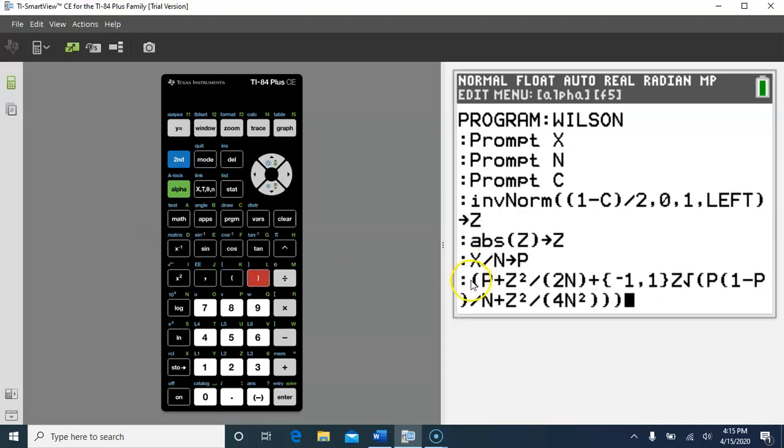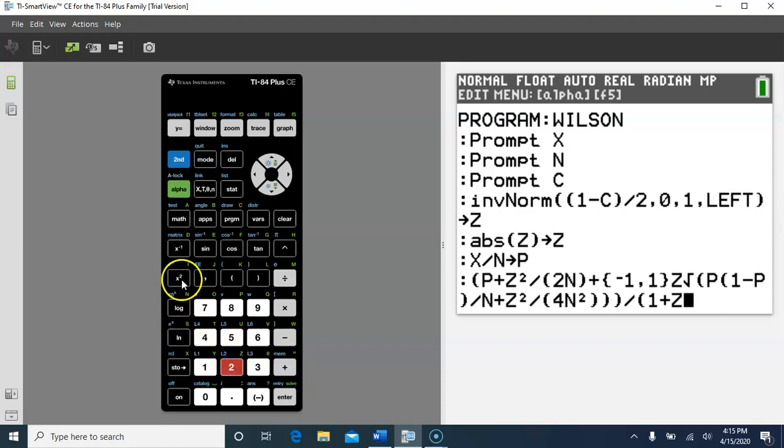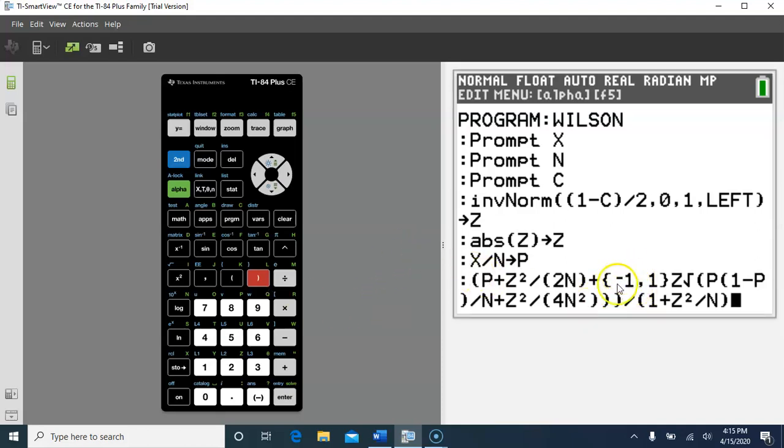And that whole quantity is divided by parentheses 1 plus z squared over n, and close parenthesis on the denominator. So this expression, if I hit enter right now, would give me two values. One of them with the negative version, one of them with the positive version.